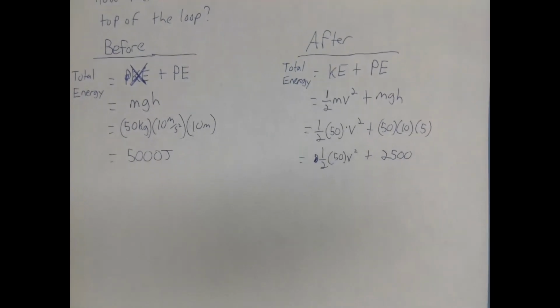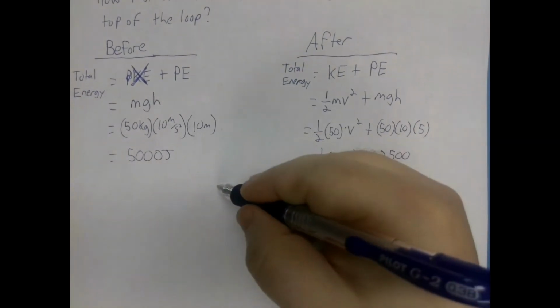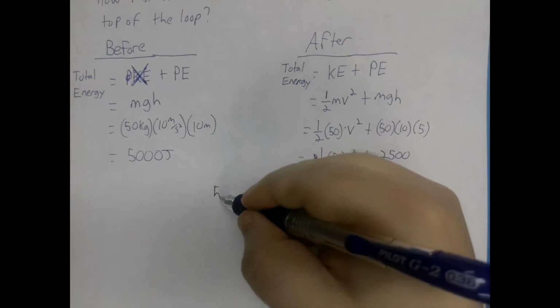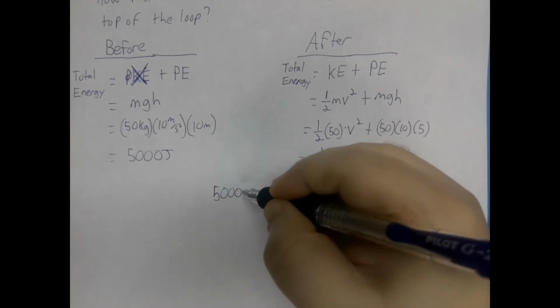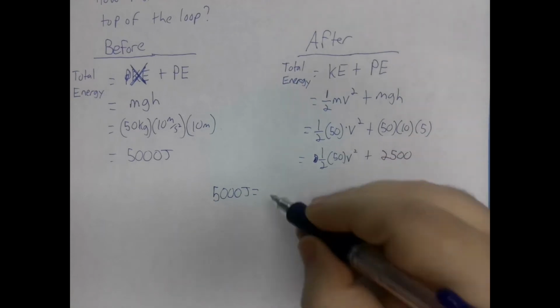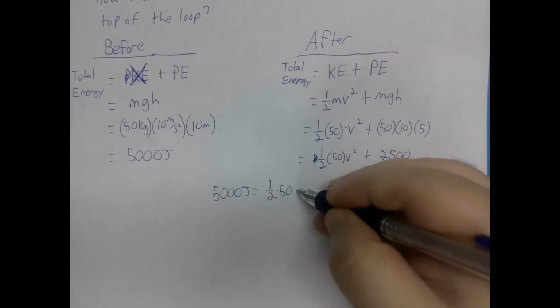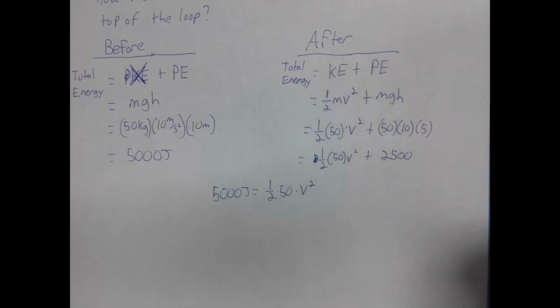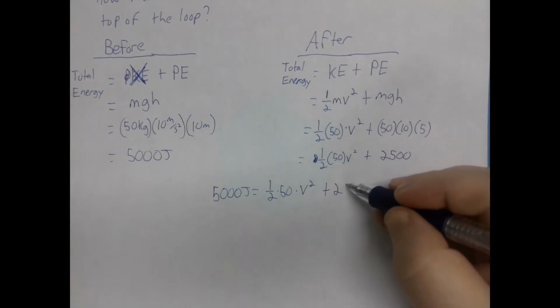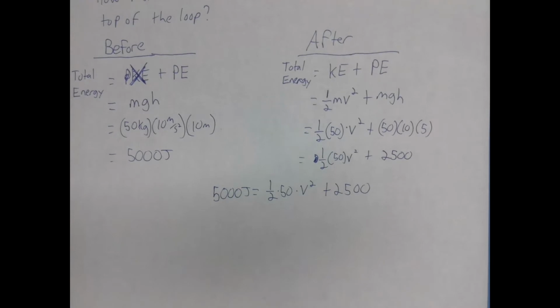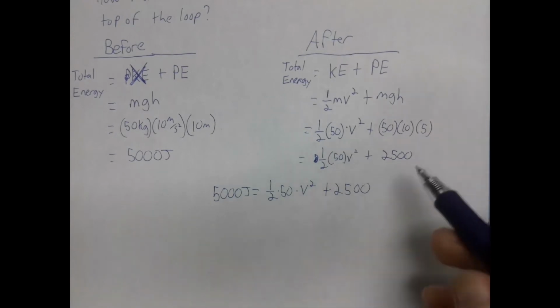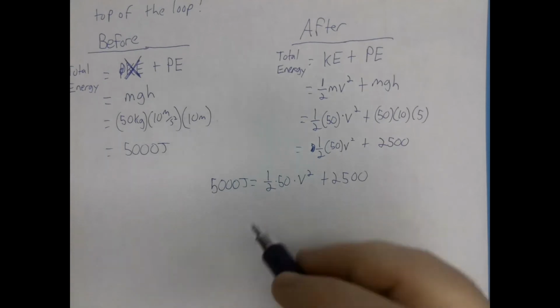So the left-hand side has to equal the right-hand side. So that's 5,000 joules is equal to 1/2 times 50 times velocity squared plus 2,500. If you have a plus on the right side, we can subtract both sides.